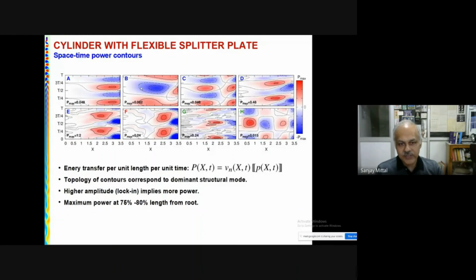And then he looked at it with time and space. So time is the y-axis, x is along the splitter plate. Which is the main part of this filament where, if you posted some kind of an energy-sucking device, where should you place it so that you can harvest energy?